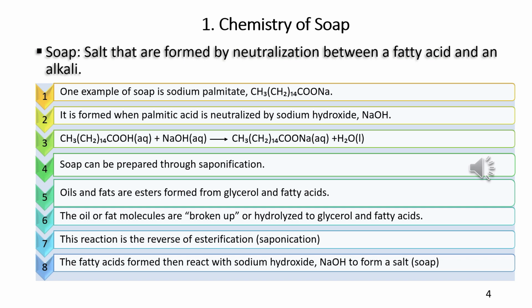Number 6 is the oil or fat molecules are broken up, or hydrolyzed, to glycerol and fatty acids. So when the oils or fat molecules are split up or hydrolyzed, they form glycerols and fatty acids.